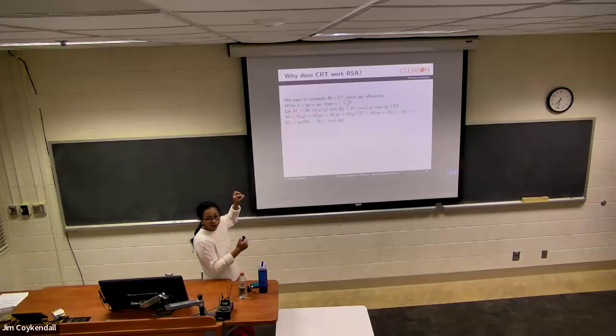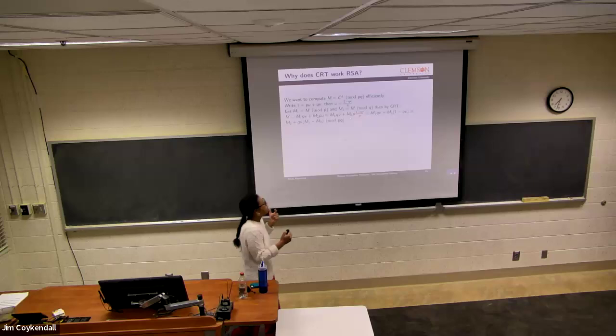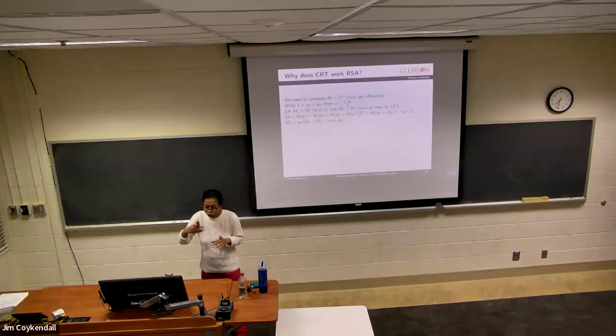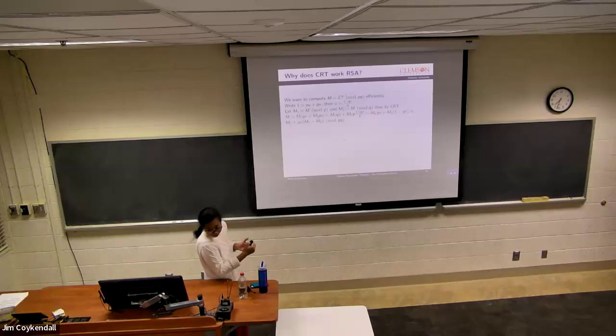This is exactly what we had before in the Chinese Remainder Theorem. We have m1 times q times v plus m2 times p times u, but you can write u in function of v. So now this p and this p cancel out, and then you can write this as m1 times qv plus m2 times 1 minus qv, and then you can rearrange them just a little bit to have this.